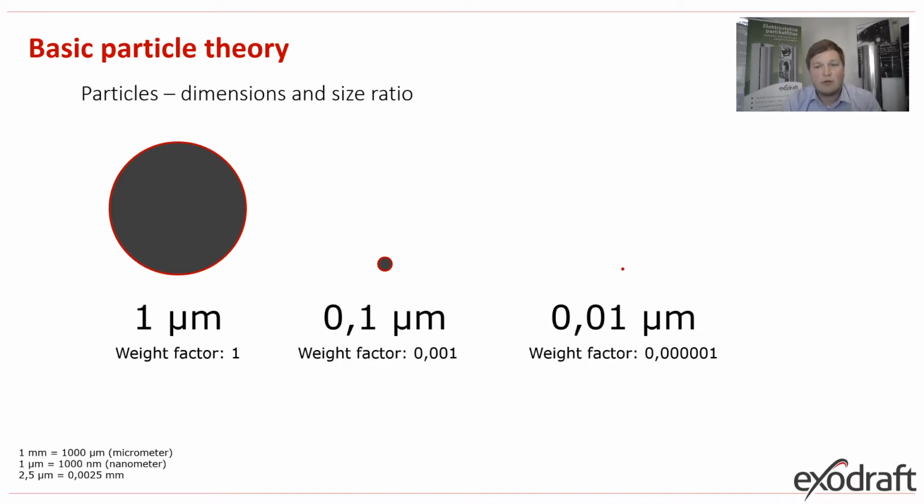So the dangerous ultrafine particles almost have no weight, and the weight is not scaling linearly in respect to their size. So going from 1 micrometer to 0.1 micrometer is a 10th of the size, but it's only a thousandth of the weight. So here we can see that the weight factor and the size factor is quite different.